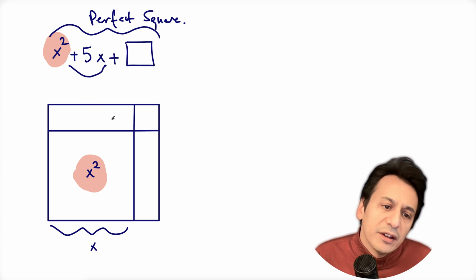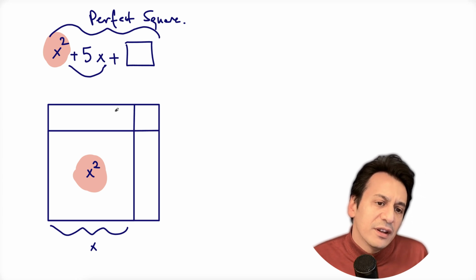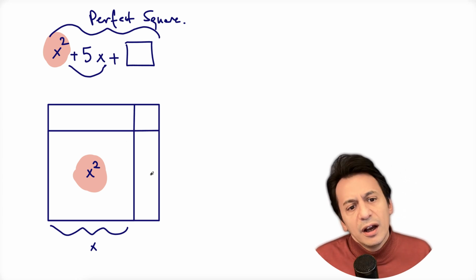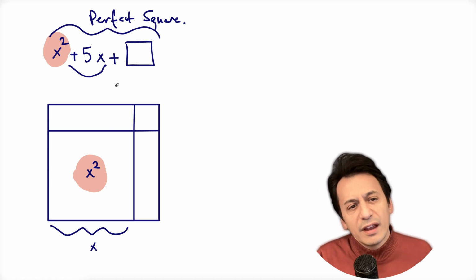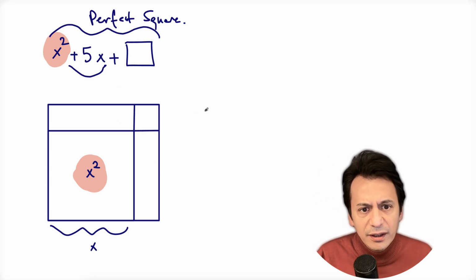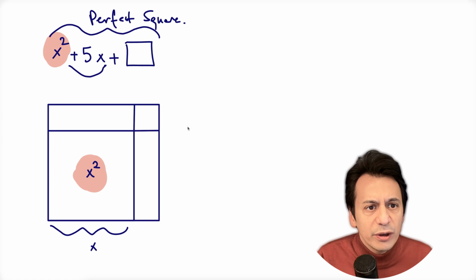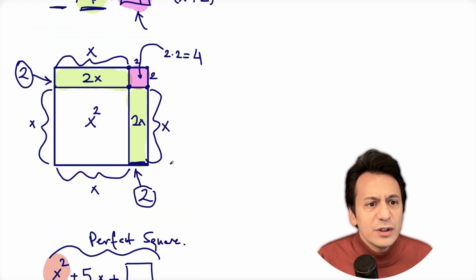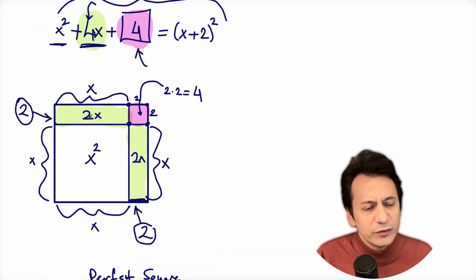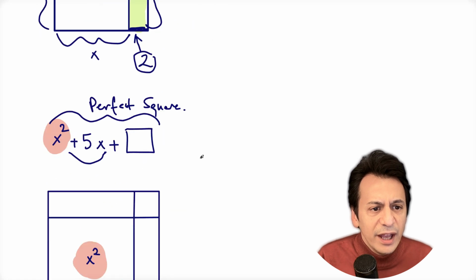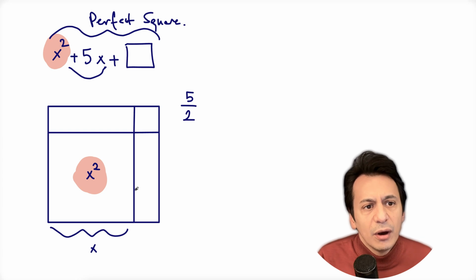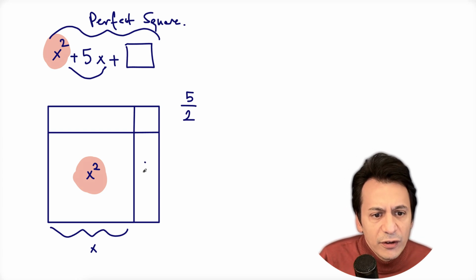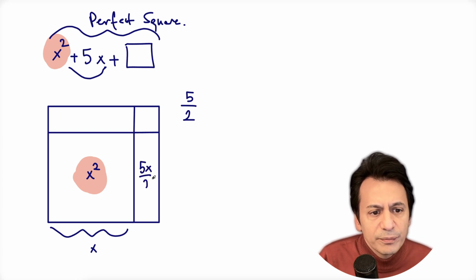Okay, the sum of these rectangles equals 5x. So the area of one rectangle is half of this. Well, in the previous question, we had an even coefficient like 4 and half of it makes 2. But this time we have 5 and half of it is going to be 5 over 2, right? So this is 5x over 2.